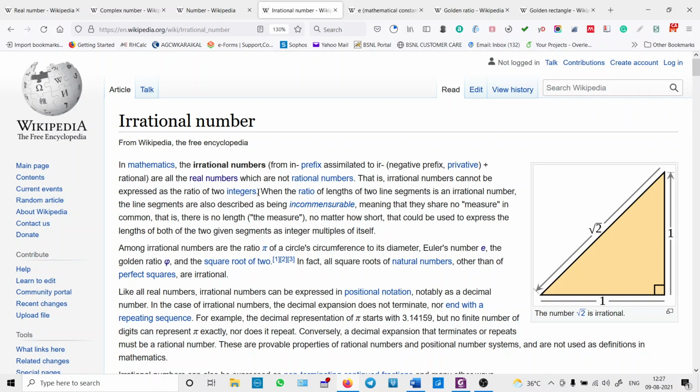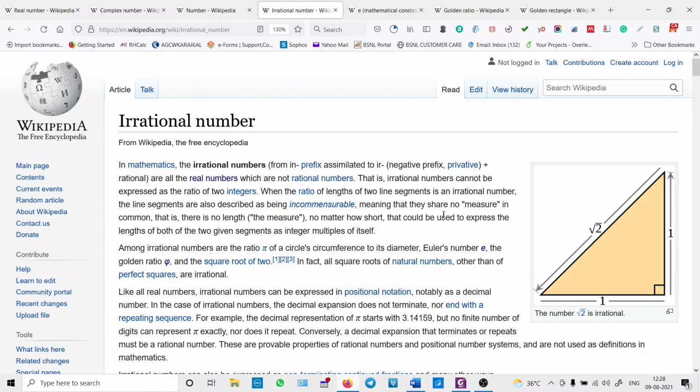And there are a lot of definitions, and here is one: incommensurable. What is that? If the ratio of the lengths of two line segments is an irrational number, the line segments are also described as incommensurable, because they can't share any measure in common.